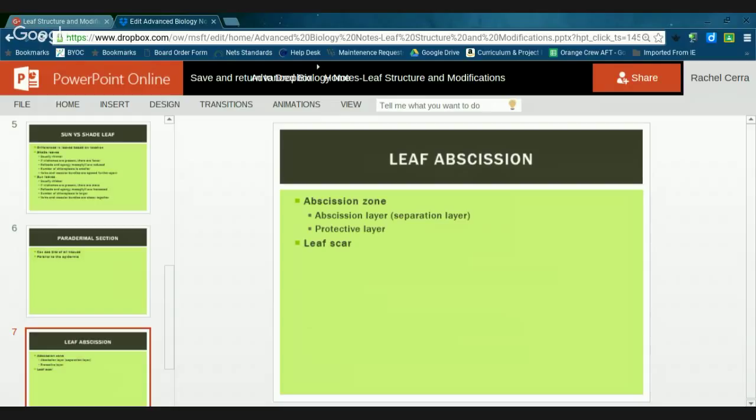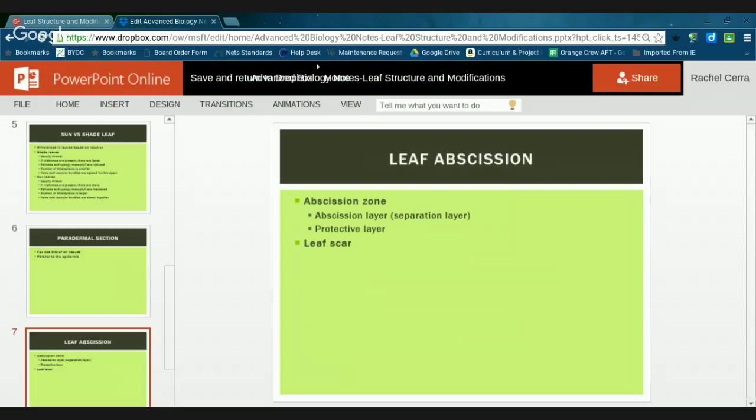So you get this area of abscission where it's going to depart from the main stem there. And what ends up happening is the plant forms this protective layer, okay? And that's to help prevent any loss of water or other tissues or minerals that the plant wants to make sure it stays in there. So it's almost like forming a scab inside before you actually cut yourself, is kind of what it's doing.